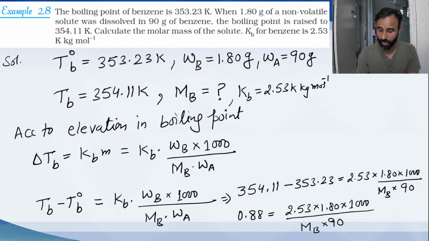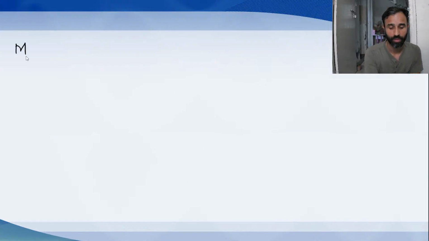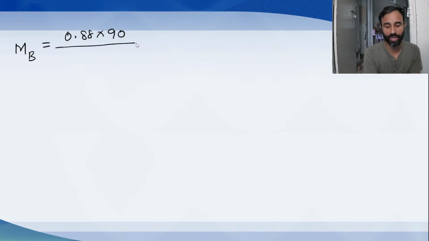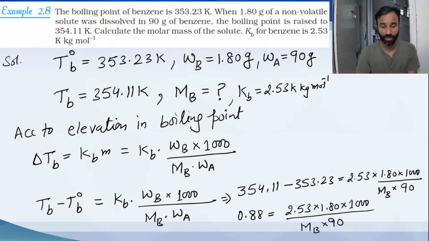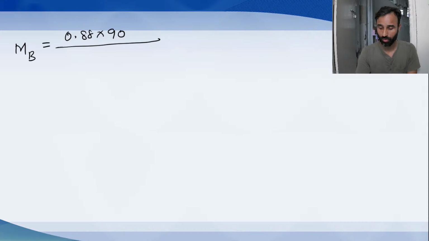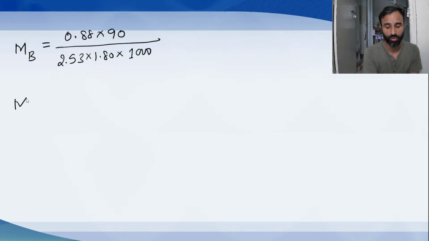So molar mass MB is equal to 0.88 into 90 divided by 2.53, 1.80 into 1000.